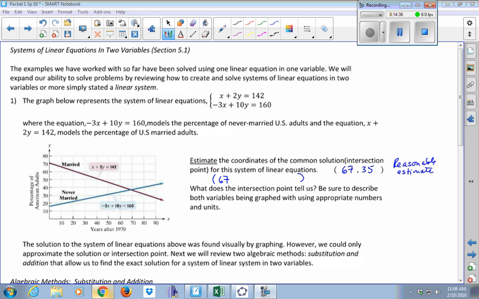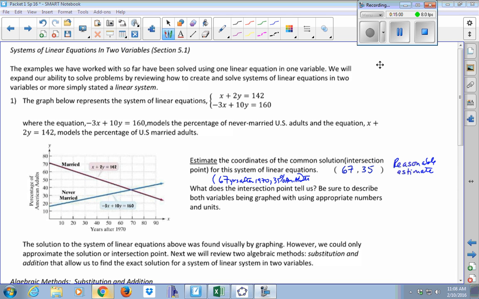Like 67 represents 67 years after 1970, and 35 represents the percentage of American adults. Once you fill that in, you can easily make up your interpretation by reading straight across.